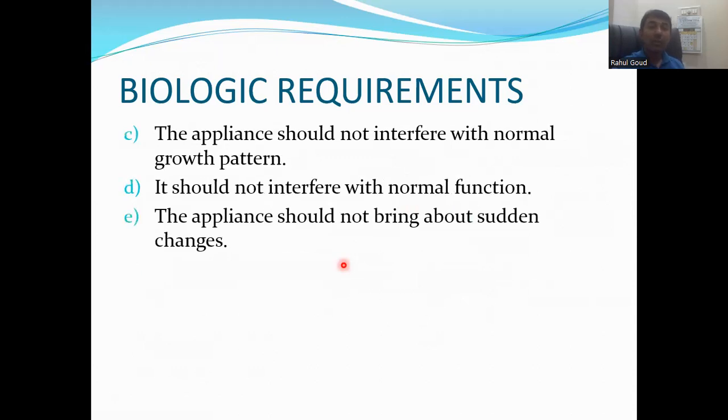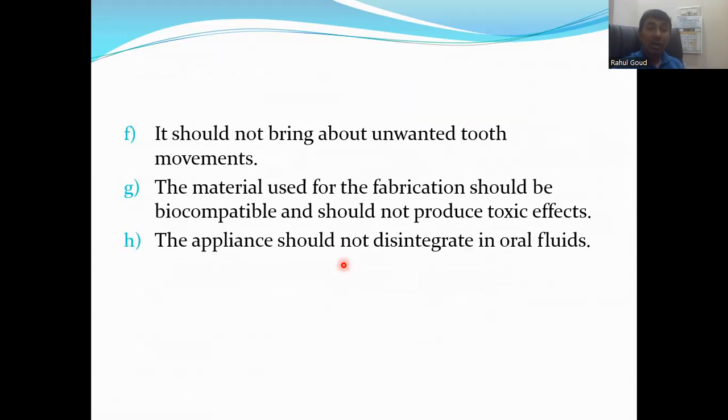The third point is the appliance should not interfere with normal growth pattern and it should not interfere with normal function. The appliance should not bring about sudden changes. So these are the biological requirements, and the next requirement is that it should not bring about unwanted tooth movement.